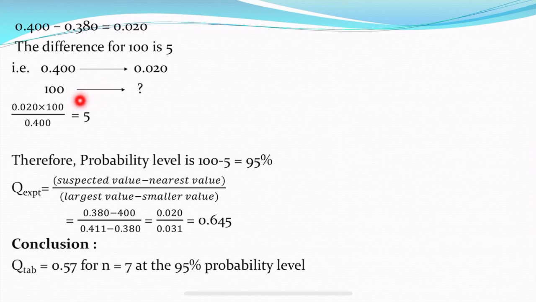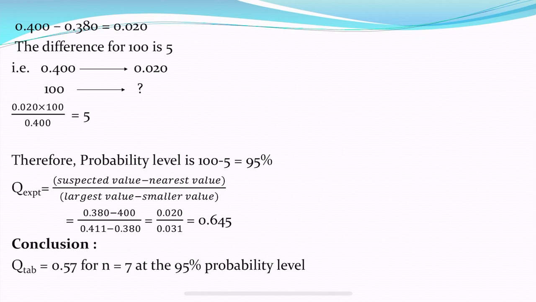By cross multiplication, we can find the difference for 100 in terms of 5. Therefore the probability level is 95%. That means out of 100, I am getting 5% of error, so 100 minus 5, and the probability level is called 95 percent.